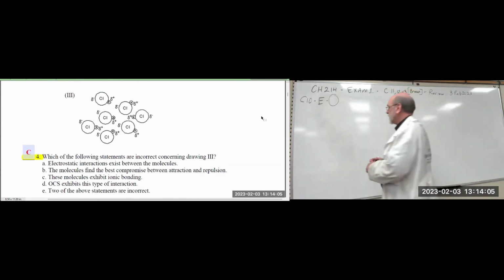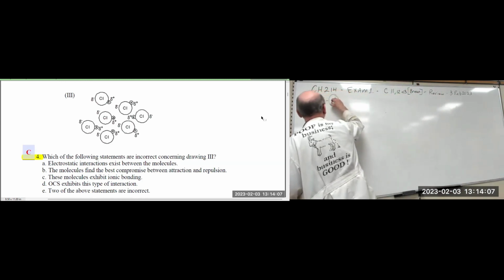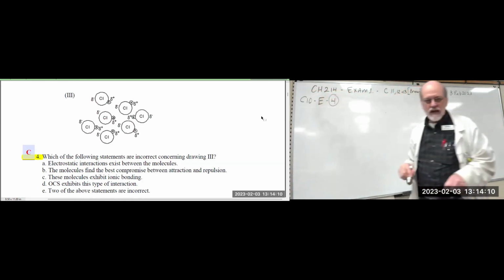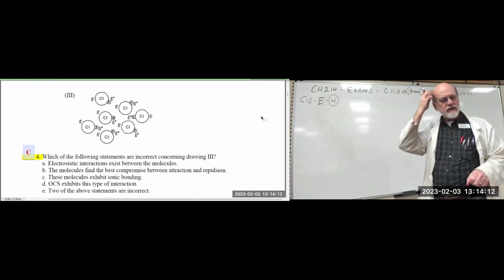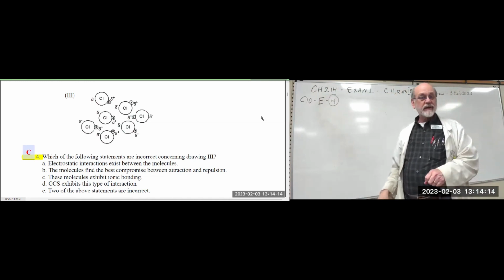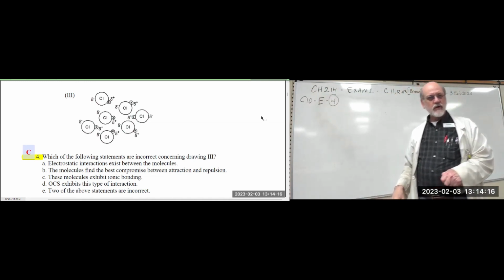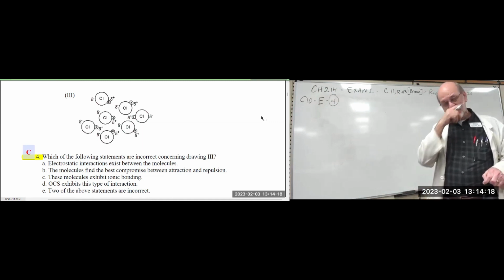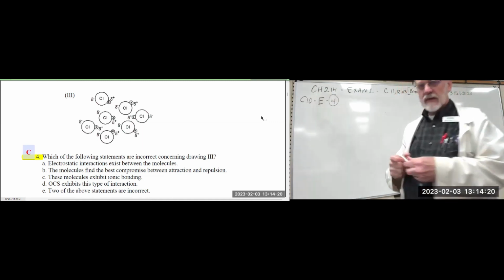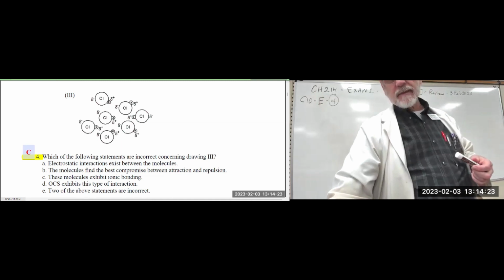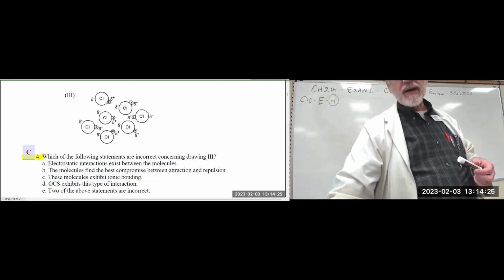Number 4. Which of the following statements are incorrect concerning drawing 3? Incorrect. So drawing 3 right there looks like it has a covalent bond between the chlorine and the hydrogen.